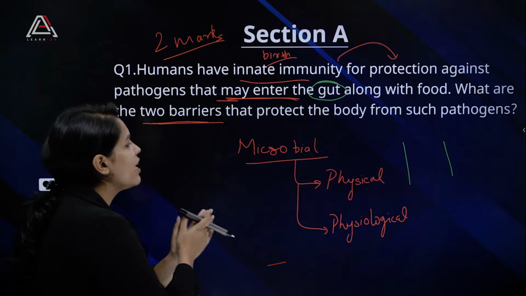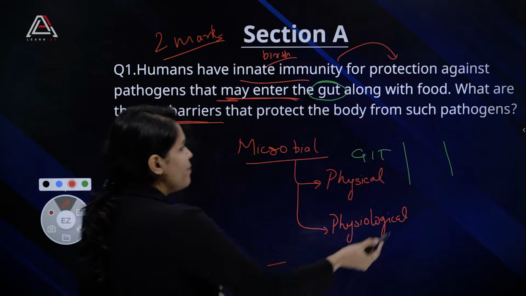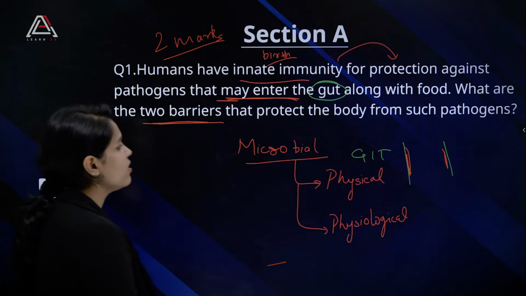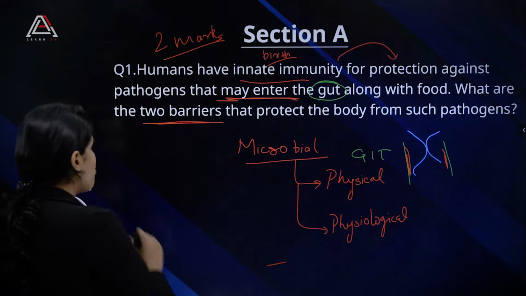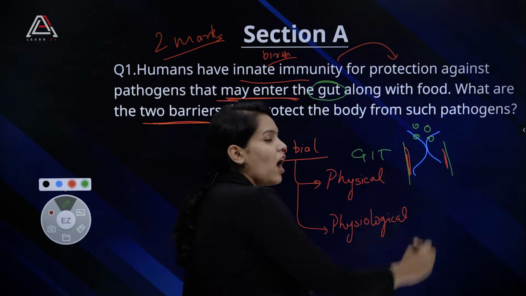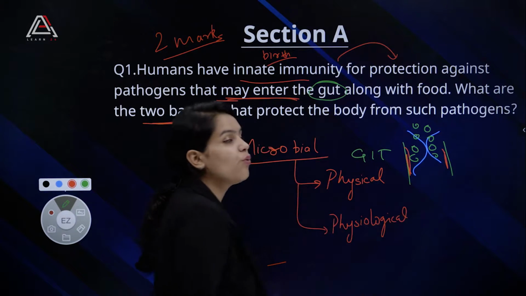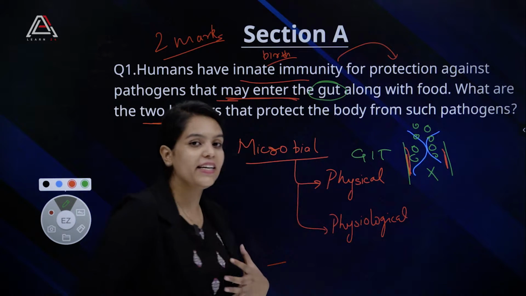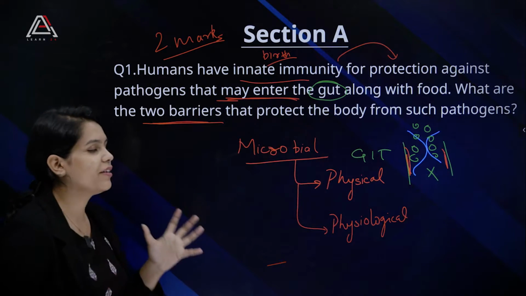You all know in our gastrointestinal tract, we have an epithelial lining, and in that epithelial lining mucus is present. So whenever a microbe tries to attack our GIT, this mucus will trap those microbes and won't allow them to enter into our gut. If you write this information, you're going to get your marks.